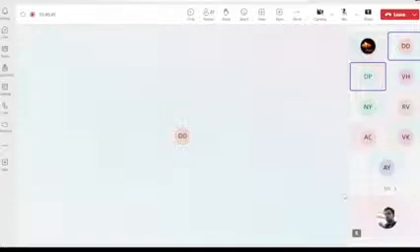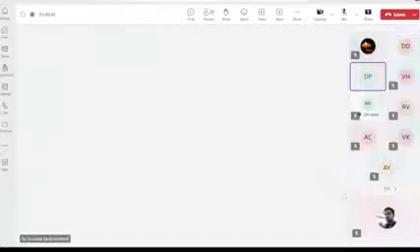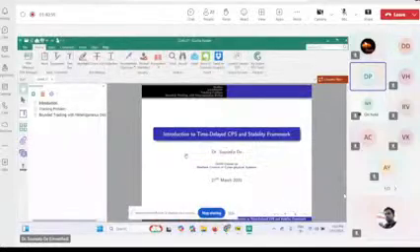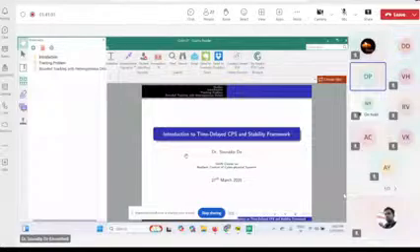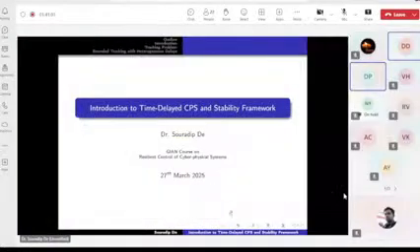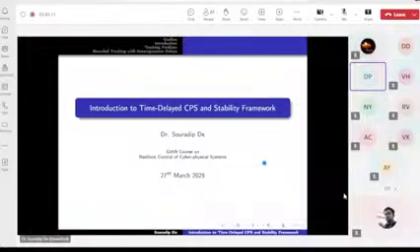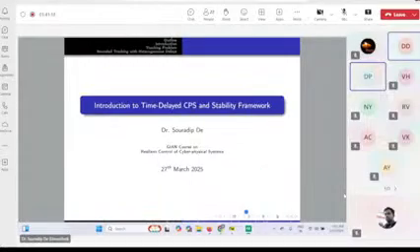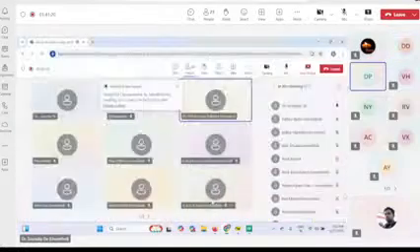And he received his PhD degree in electrical engineering from Indian Institute of Technology, Kanpur, India in 2023. He is currently working as an assistant professor in the electrical engineering department, Motilal Nehru National Institute of Technology, Allahabad. His research interests focus on cooperative control, time delayed systems and switched systems. So now over to our eminent speaker, Dr. Souradeep Dey.